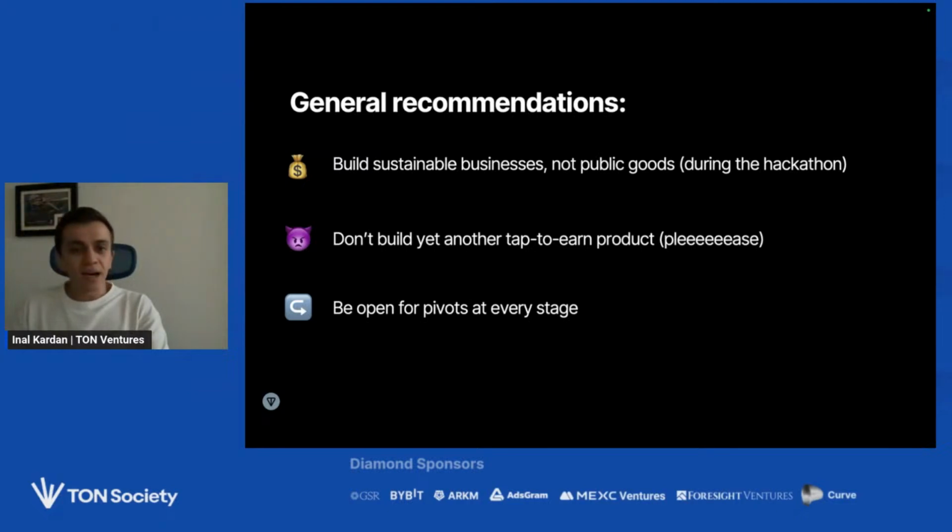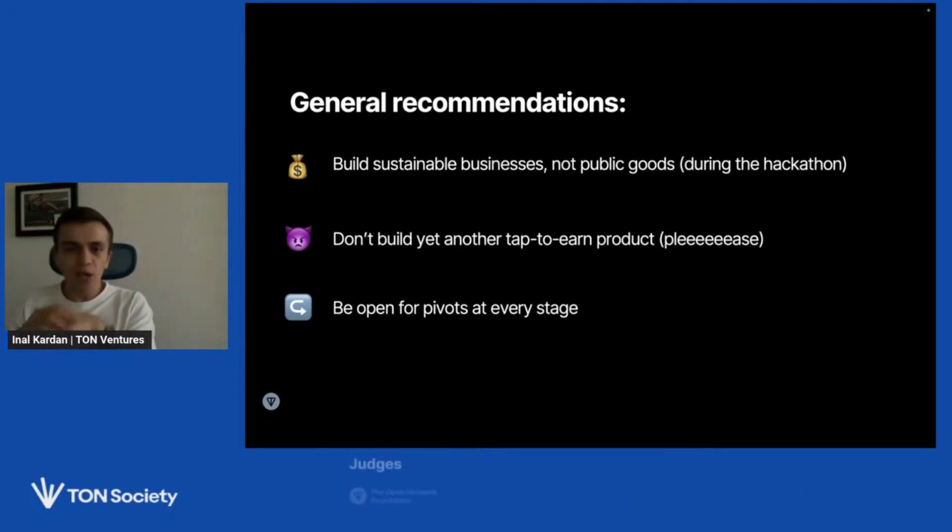Next thing, don't build yet another tap to earn product, please. I mean, you can build it if you have something really new in your product, but in general, you should not do that. It cannot be sustainable in the long term.